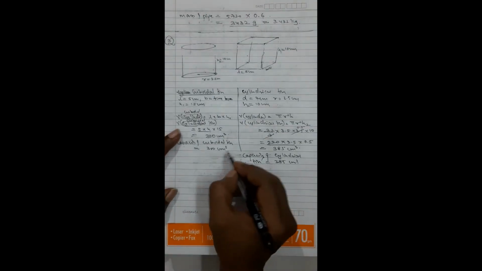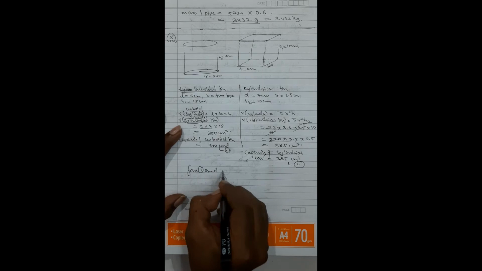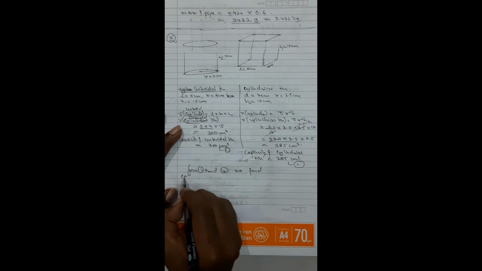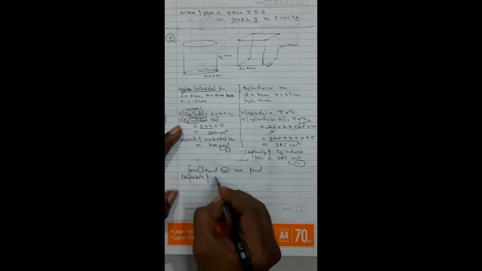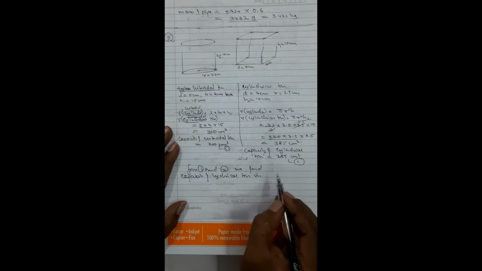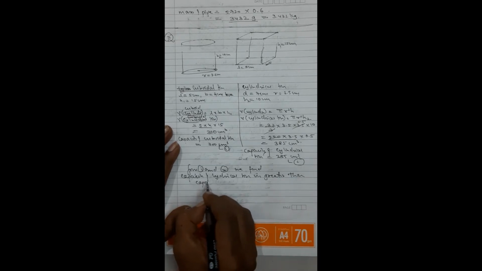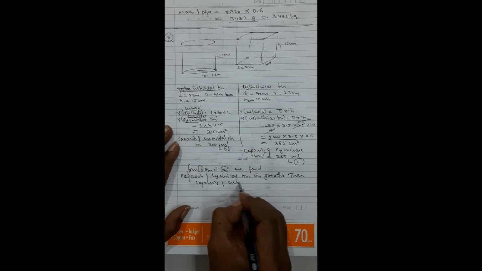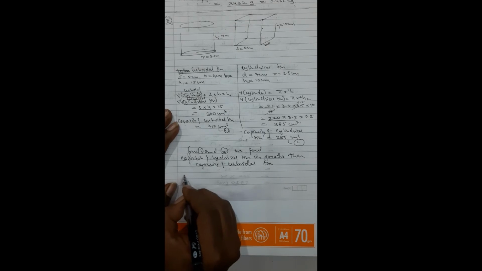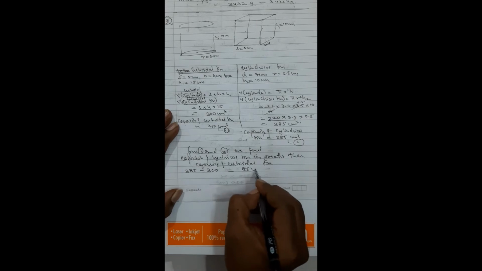So who is higher? From 1 and 2, we find the capacity of the cylindrical tin is greater than the capacity of the cuboidal tin, and we will subtract: 385 minus 300 is equal to 85 centimeter cube.